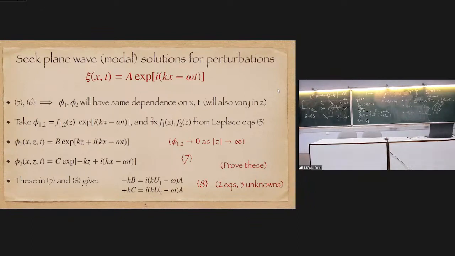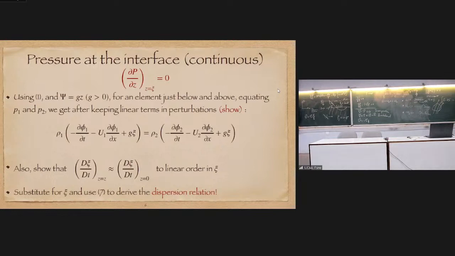Impose the condition that the perturbed potential must go to 0 at plus infinity and minus infinity. So these are the two boundary conditions. Apply those and you get equations like this. Very easy actually. You appeal to the Laplace equation, and you get 3 unknowns, A, B, C, and 2 equations. So you're still stuck. Now very simply you do matching of pressure at the interface and you get a third condition. So that solves the problem, right?